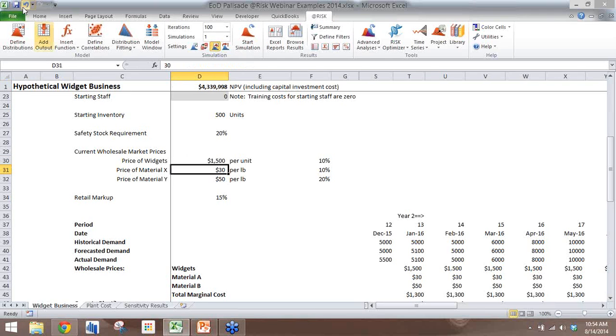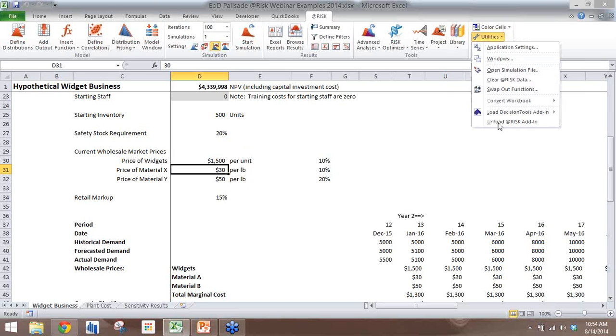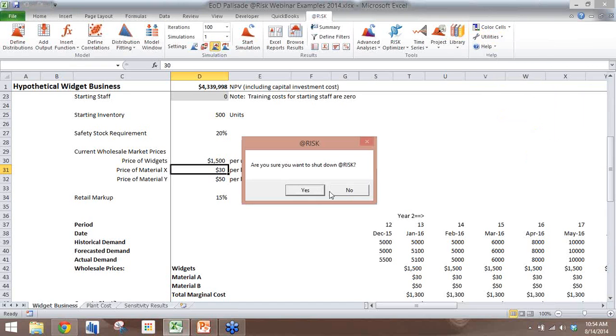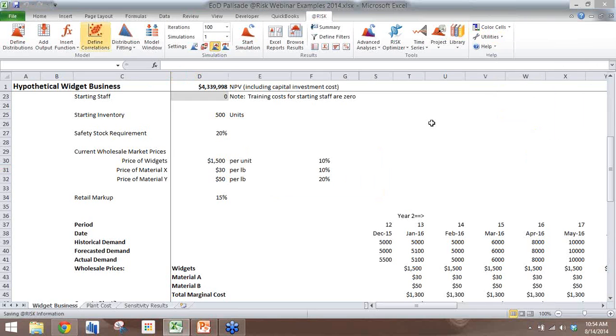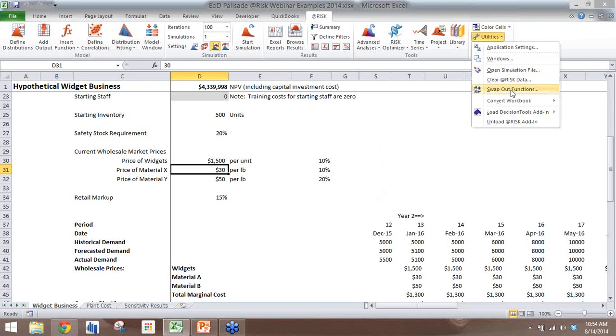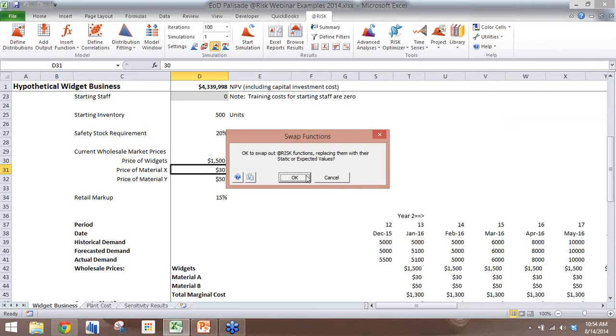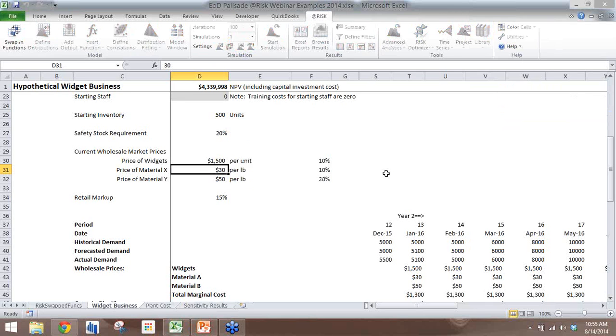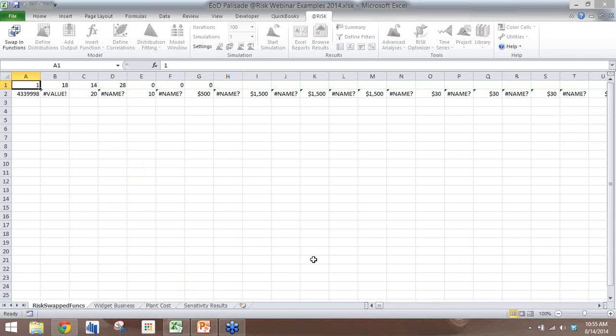What I'm going to do in this case, hopefully we don't have technical difficulties here, I'm going to extract out my @RISK add-in. But before I do that, what I'm going to do is swap out the @RISK functions. And so this is a very, very handy feature of @RISK where it takes the @RISK inputs, pulls them out, and puts them in a separate tab down under the risk swapped functions.